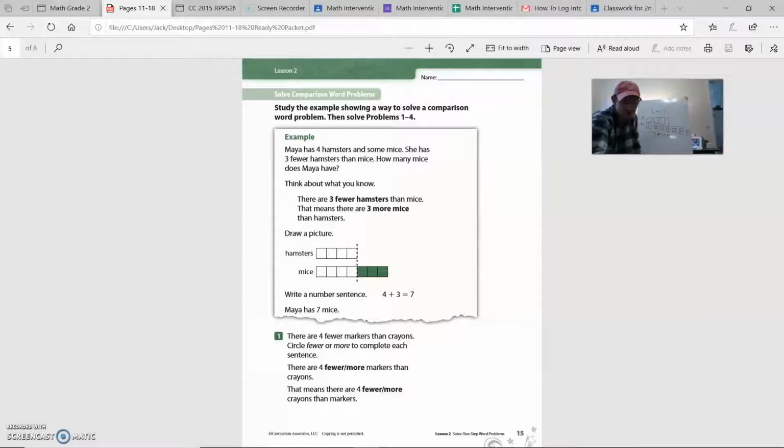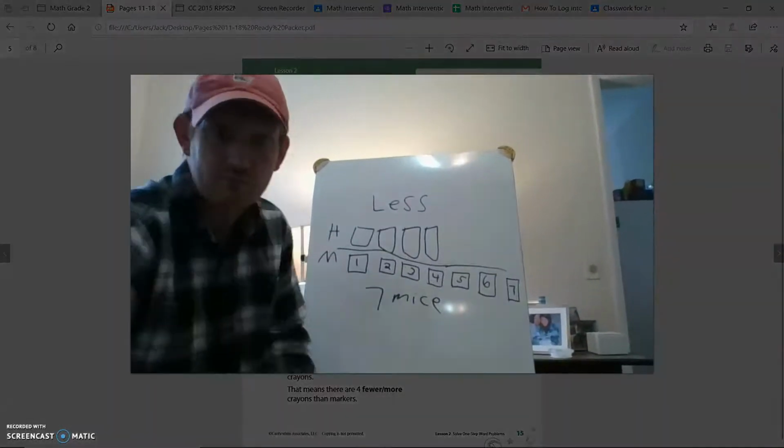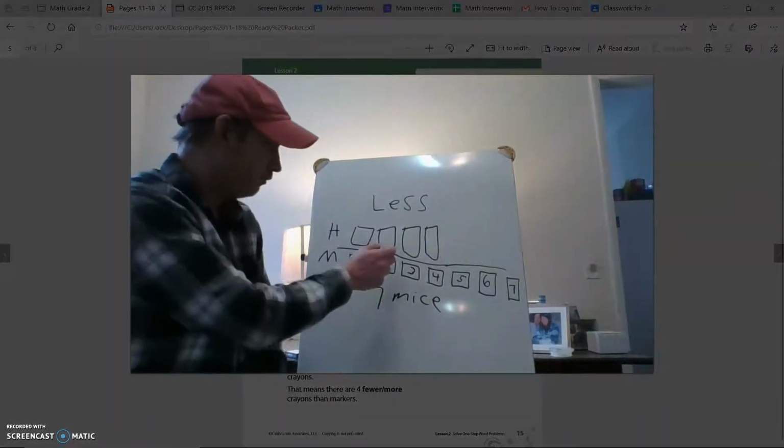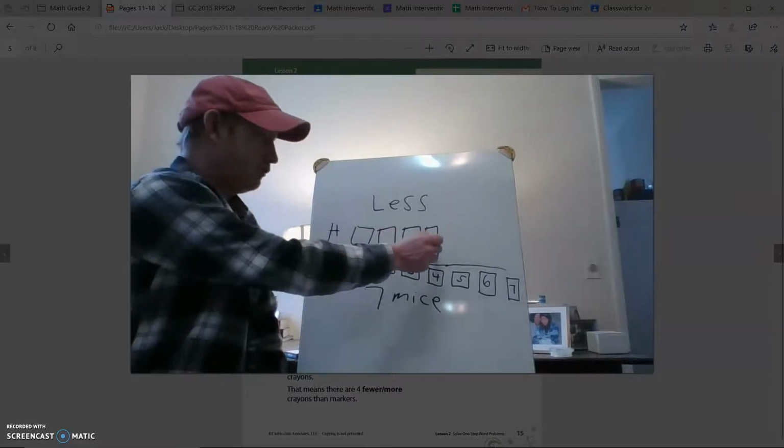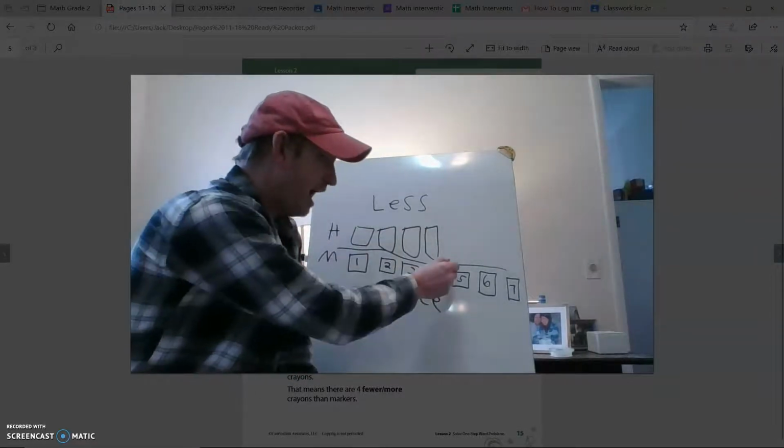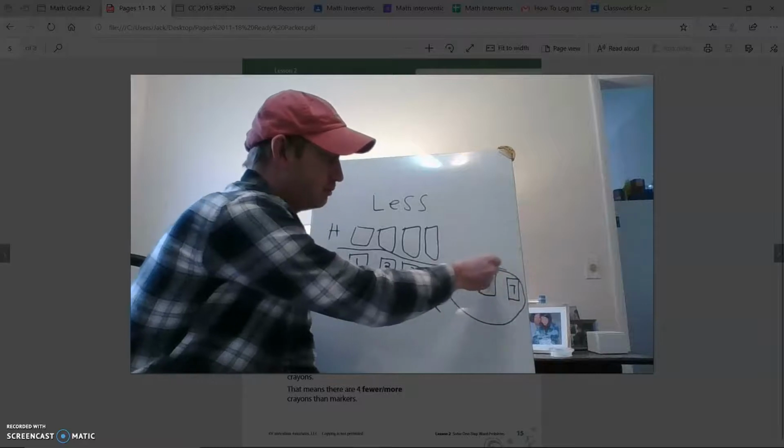So if you look on our packet, you can see that we have 1, 2, 3, 4, 5, 6, 7 mice. And then just because we've been learning about it, it asks us to write a number sentence. Well, we had 4, 1, 2, 3, 4, and then we added 3 more.